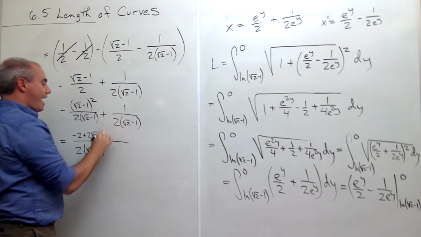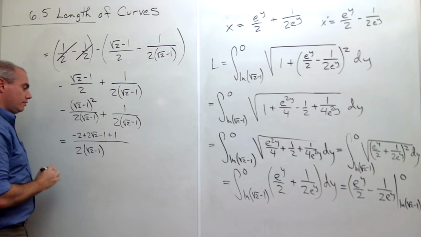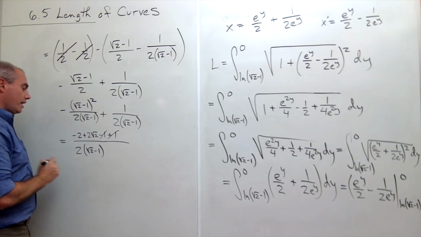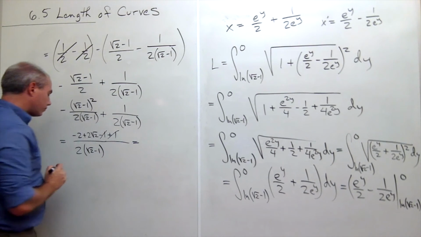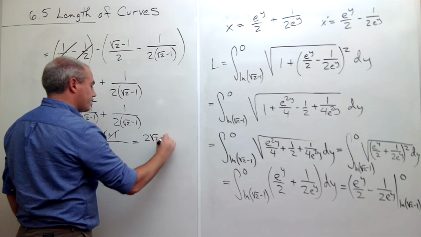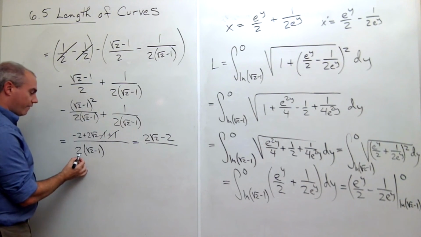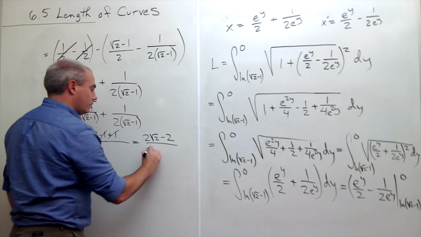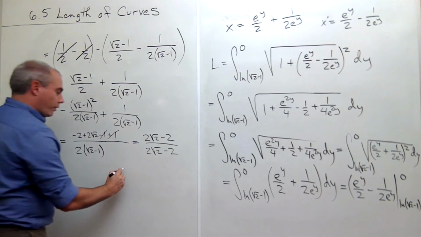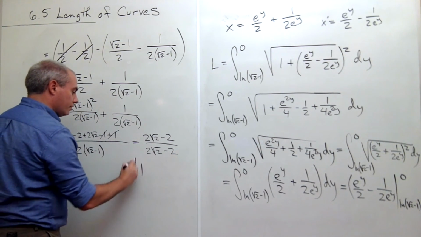And then I add 1. So the negative 1 and the 1 cancel. And I'm left with 2 root 2 minus 2. And on bottom I have 2 root 2 minus 2. That's otherwise known as 1.